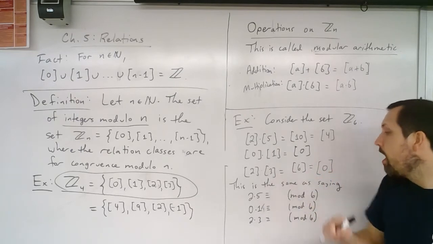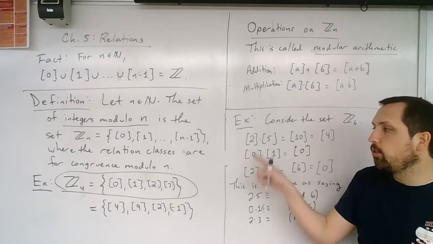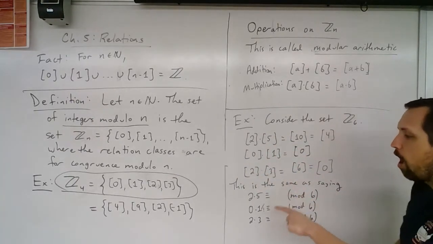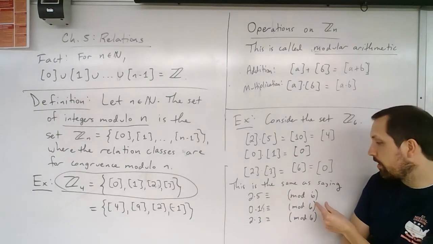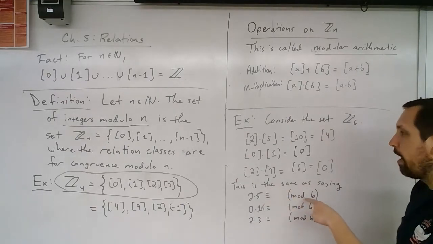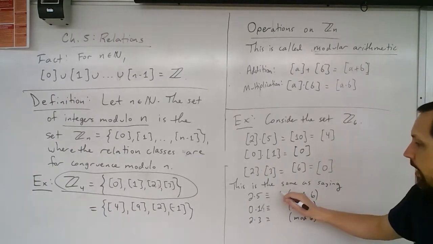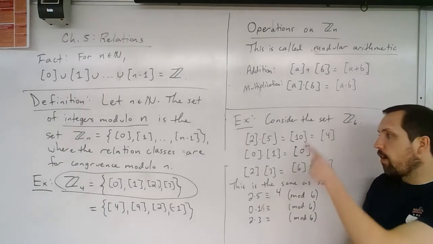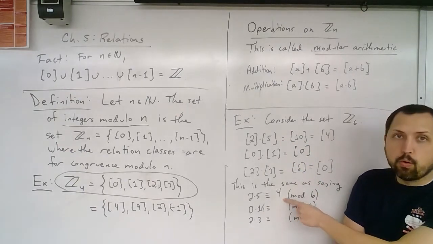Okay, store that. Now, instead of writing it this way, always using our relation classes, a very popular way is to go back to our regular a is congruent to b mod n statements. So if we're looking at 2 times 5, what is that congruent to mod 6? Well, that just corresponds to this number in the relation class: this is congruent to 4 mod 6. You could have said 2 times 5 is congruent to 10 mod 6, but you could also say that that's congruent to 4.